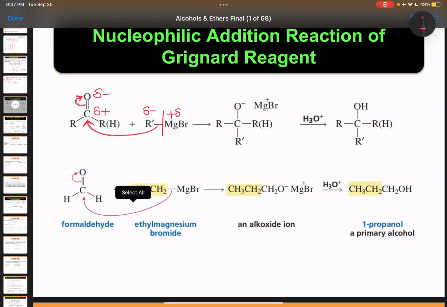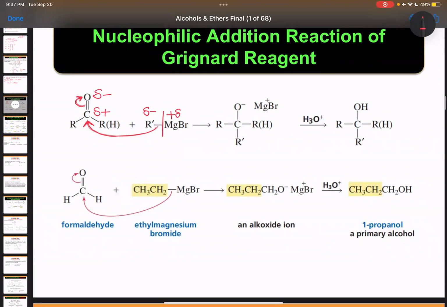The pi bond will be pushed out onto the oxygen. Is it clear? So the oxygen will now have a minus charge. Can you see this? Yes, sir. So this is a nucleophilic addition reaction, and this you are going to get.